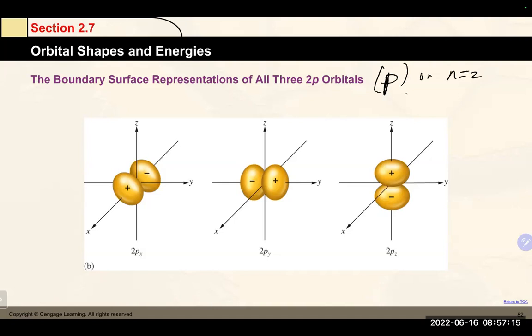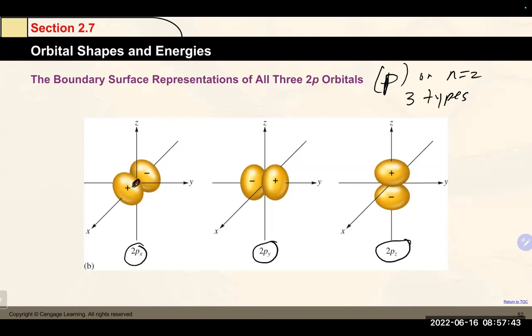There's actually 3 different types of p orbitals: a px, a py, and a pz orbital, and that's what we see here. It's basically a different arrangement in 3-dimensional space. One's on the x-axis, one on the y-axis, and one on the z-axis. It has a different shape too, sort of a teardrop shape.